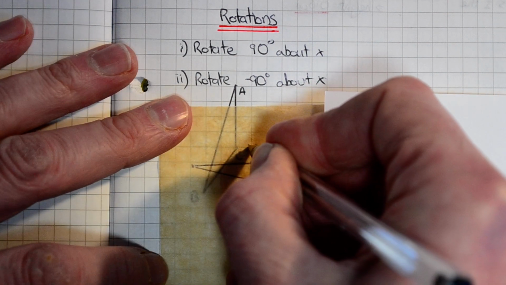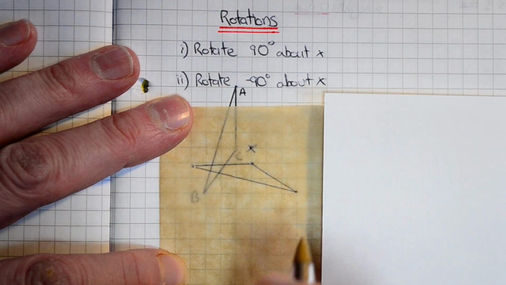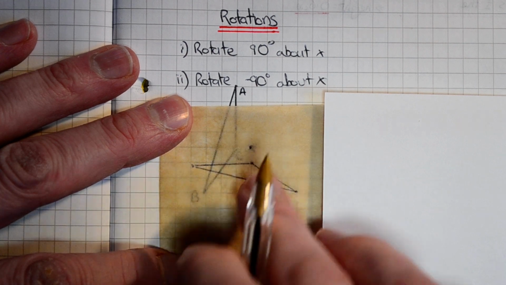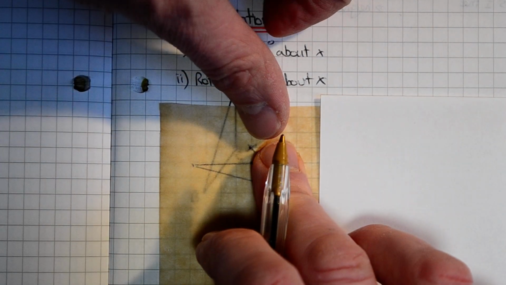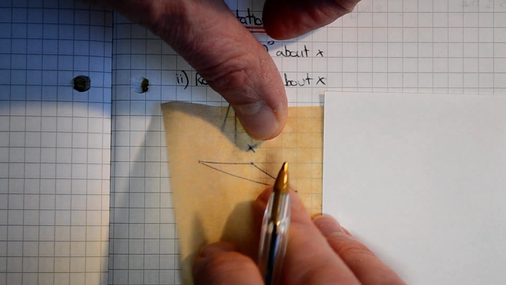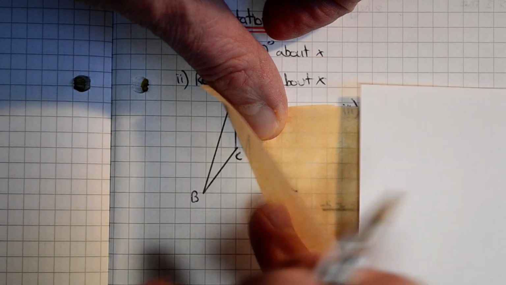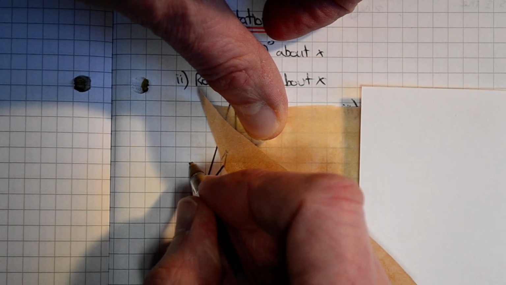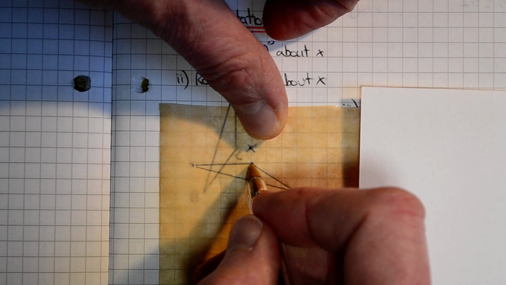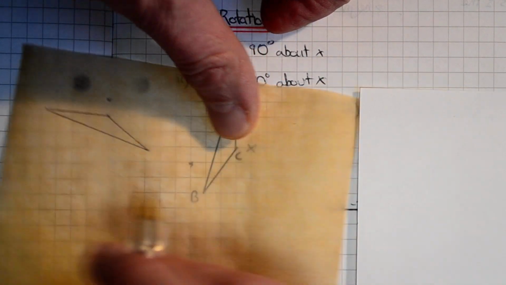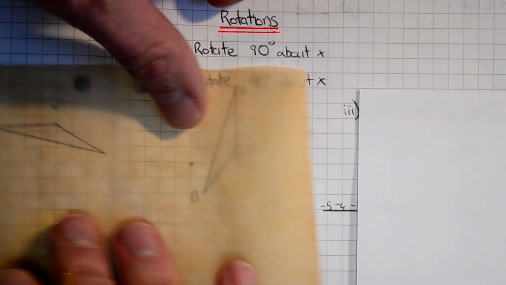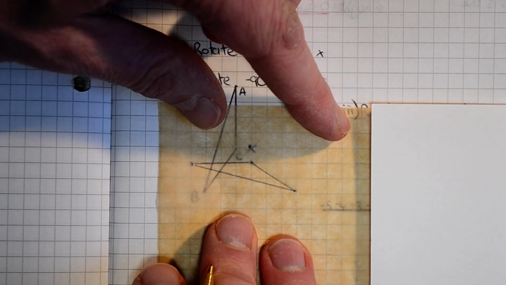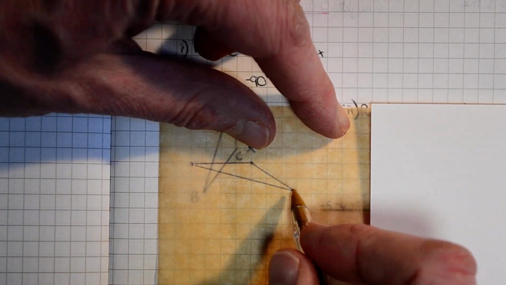Okay, so now that's about 90. So what I'll do now is I'll just lift up the tracing paper one corner at a time and mark the positions of the vertices now. So one goes there, there's the other one just below the centre of rotation, and then the last one's just there.